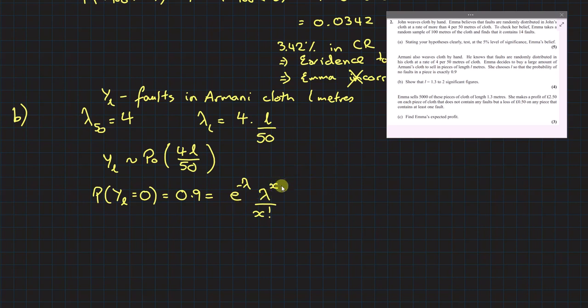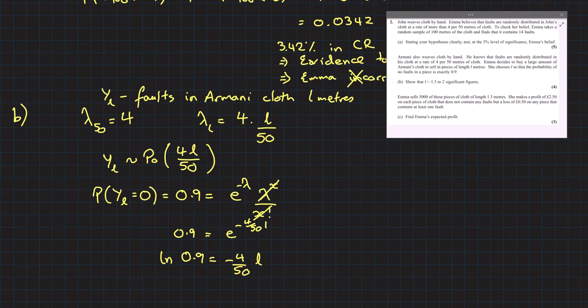So these two terms completely disappear. So we now have 0.9 is equal to e to the minus 4 over 50 L. If I take the logs of both sides, I get the natural log, ln 0.9, is equal to minus 4 over 50 L.